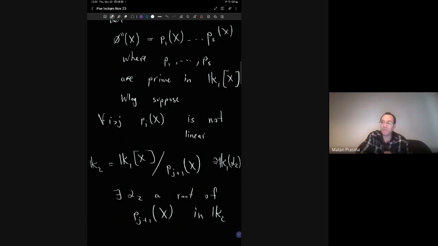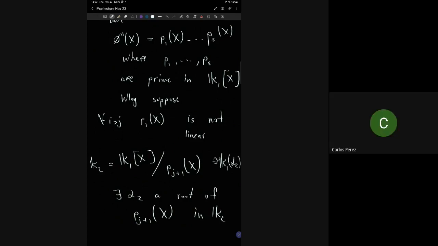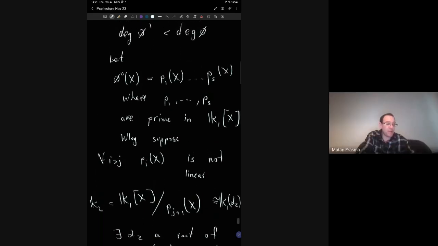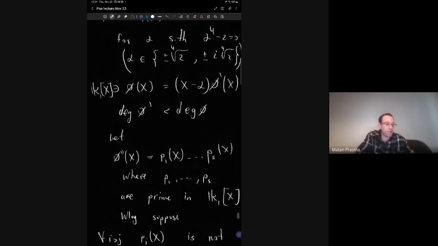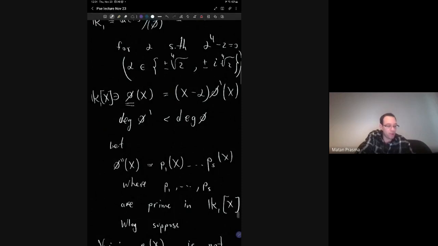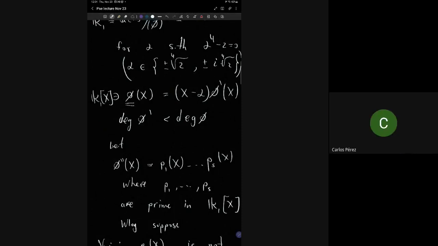Yeah. So this raises two questions for me. The first one: is there any direct relation between alpha 2 and alpha 1? Is alpha 2 like some subgroup, or whatever you want to call it, of alpha 1? Like a subgroup of roots or something like this? I mean, alpha 2 and alpha 1 are both going to be roots of the polynomial phi.